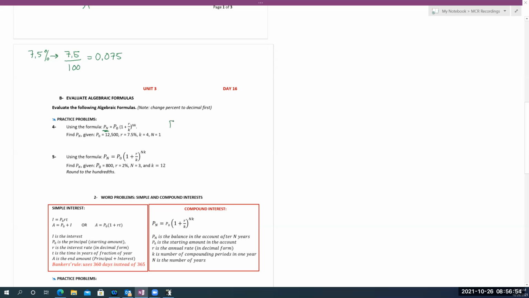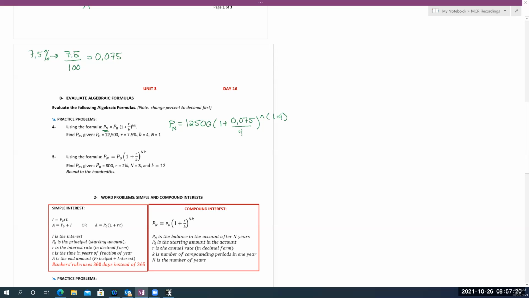So this says P of N equals, and we're just filling in variables right now. 12,500, 1 plus R, K is 4, raised, and then this NK needs to be in parentheses, N times K, or you can just put 4 since it's 1.